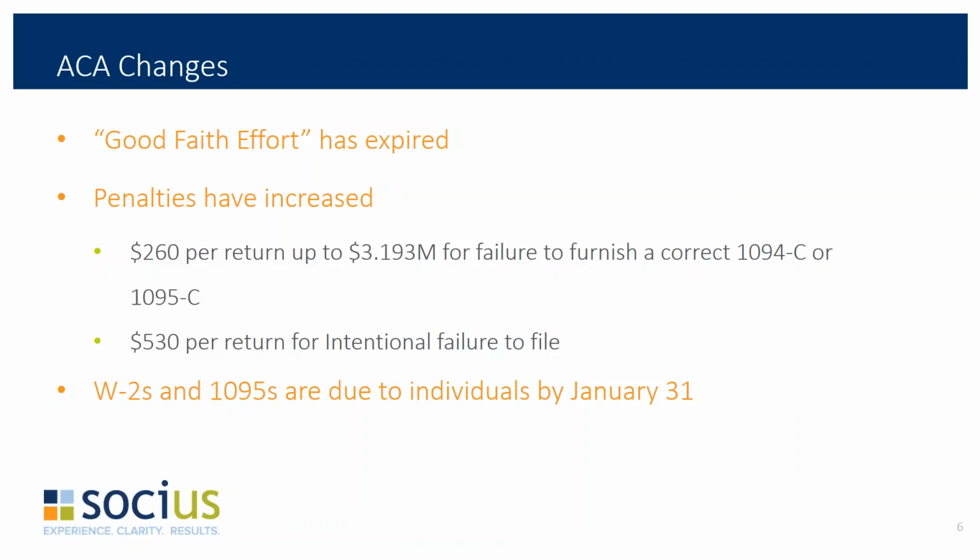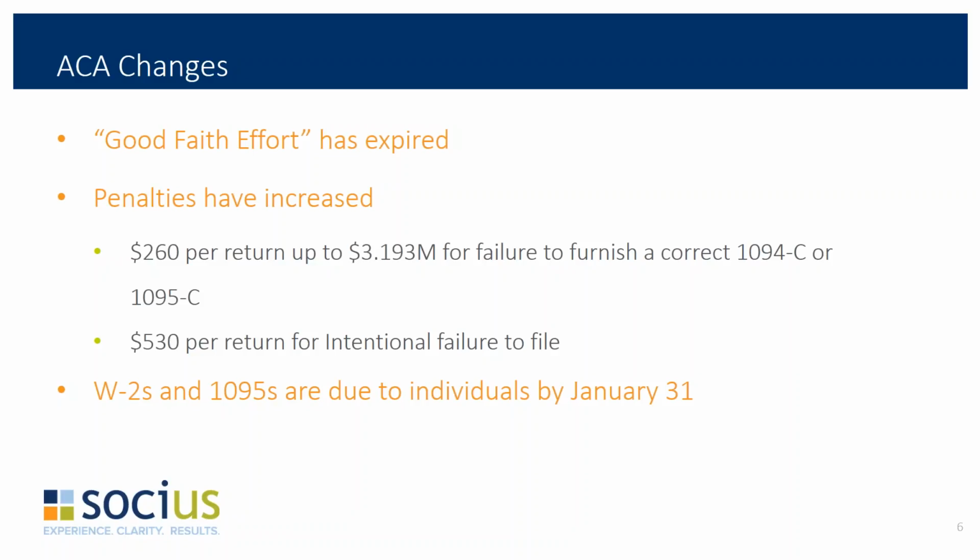If you intentionally do not file, it's $530 per return. So the fines have gone up significantly over this last year, and we do want to make sure that everyone is aware of what those are. Why we're having this webinar now is so that you can start to look at that data ahead of time, so that you're not caught in a lurch later.